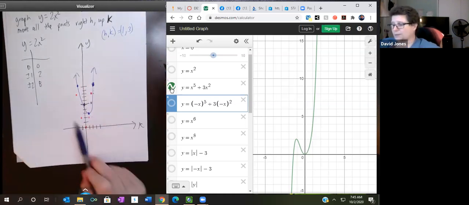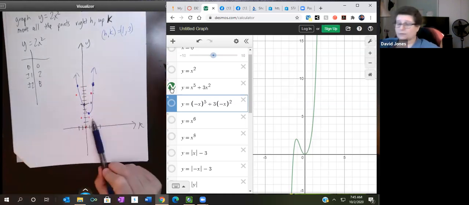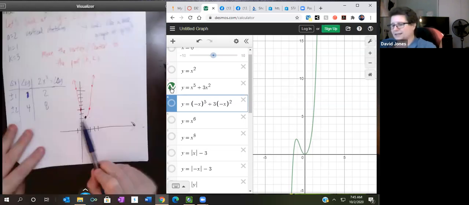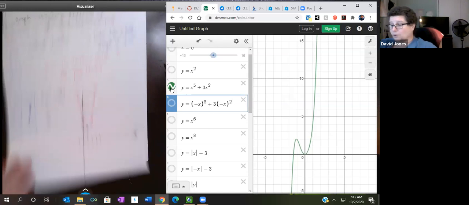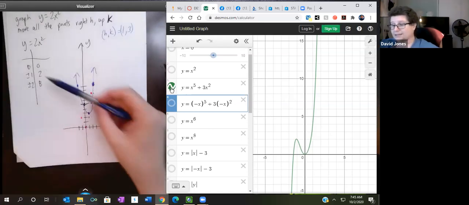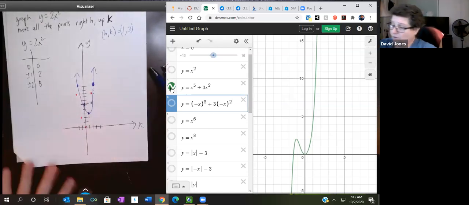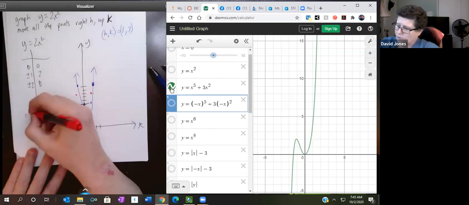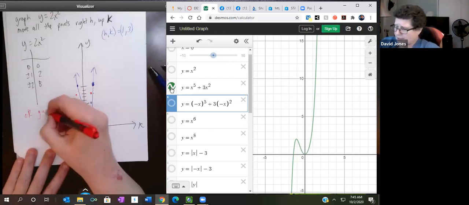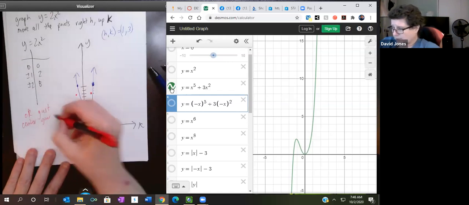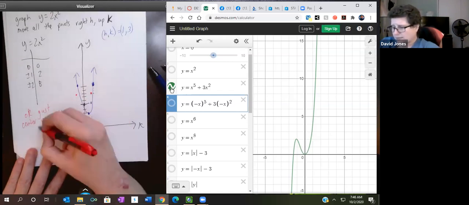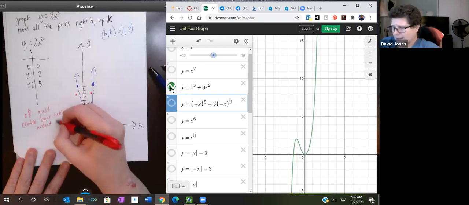So plot the base points, then shift them all. Or shift the center and then do movement off of them. Or you just find the center. Or just center your table around x equals h.